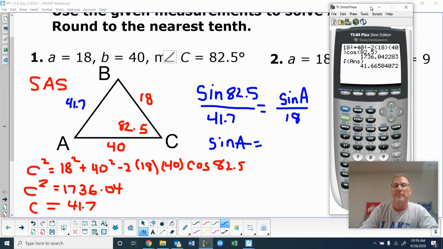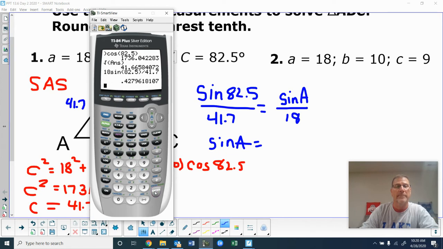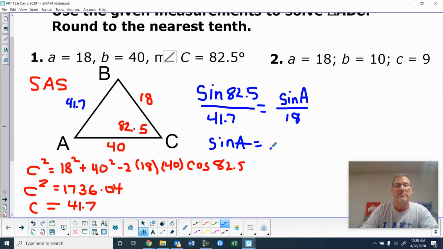So 18 times the sine of 82.5 divided by 41.7. 0.4280 basically, if I round it to that. Again, I don't round till after the last part here, but showing the work here.